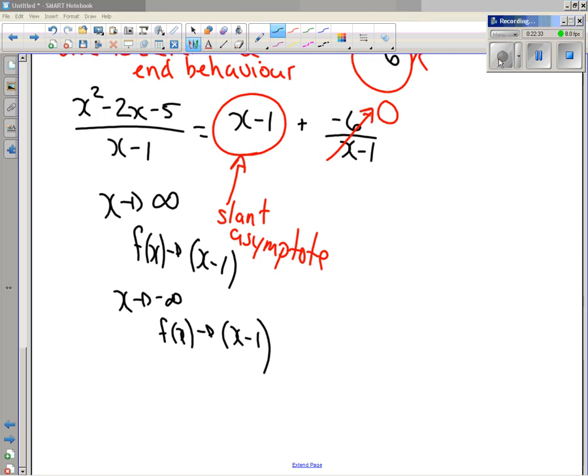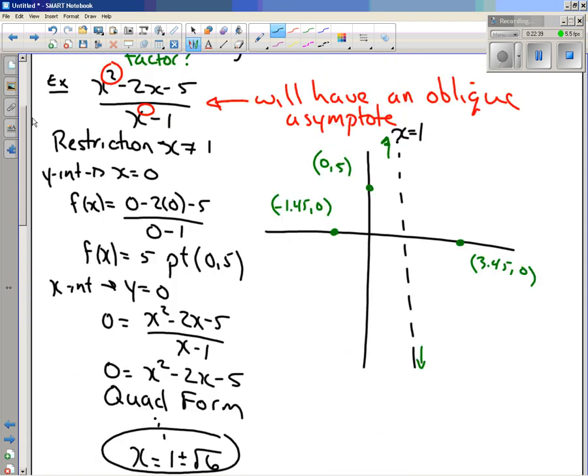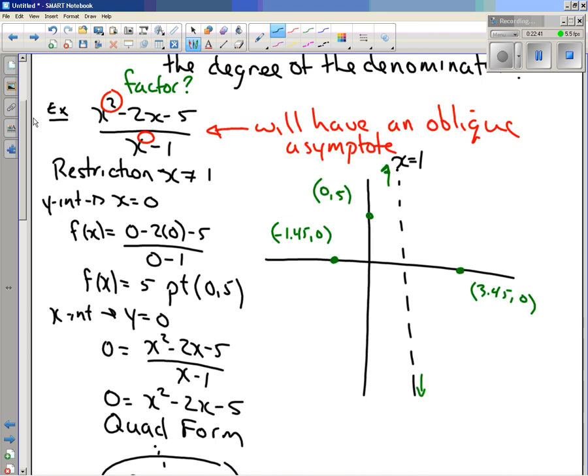So how we deal with that, we go back up to our graph. We say, all right, if we're going to graph x minus 1, our slant asymptote, we would graph that. That would be a line that went something like this. So that's going to be our slant asymptote.